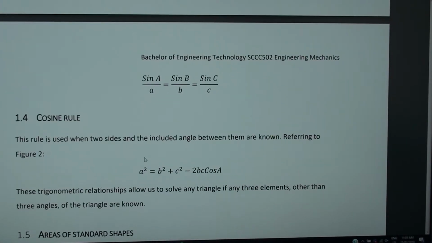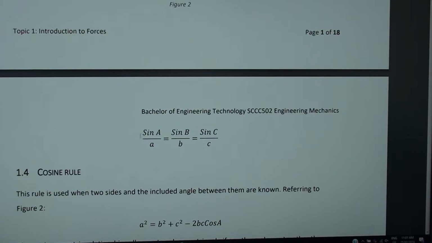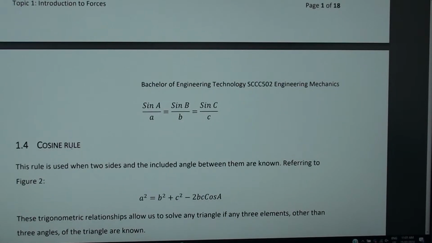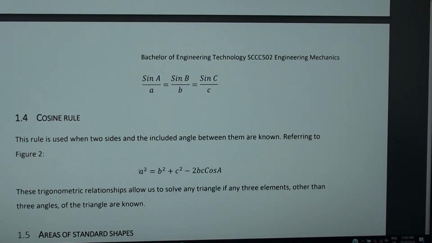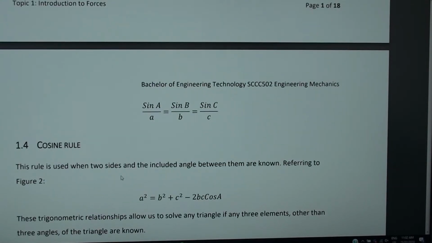The sine rule is to determine one value, either the angle or the dimension or the force, and the cosine rule will help us determine the force, or others as well, could be the angle. So we try to introduce each one of them.